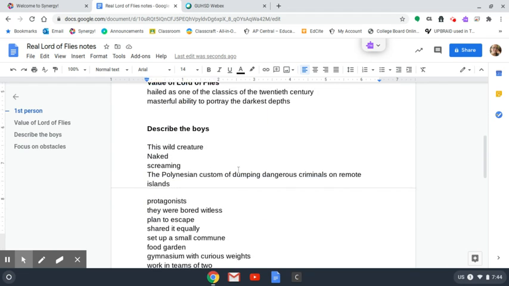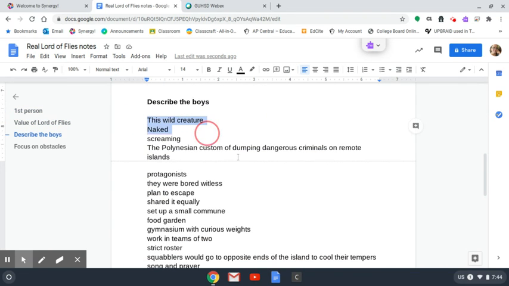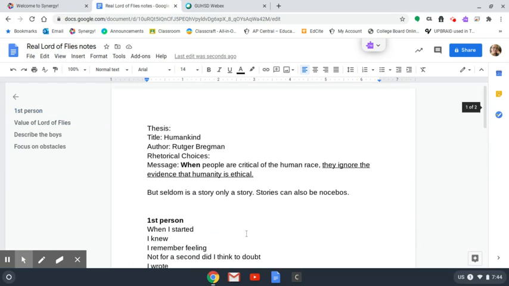But honestly, I think this is going to be a far stronger rhetorical choice. And specifically, his choice to describe the boys in this contrast between the negative and the positive descriptors.